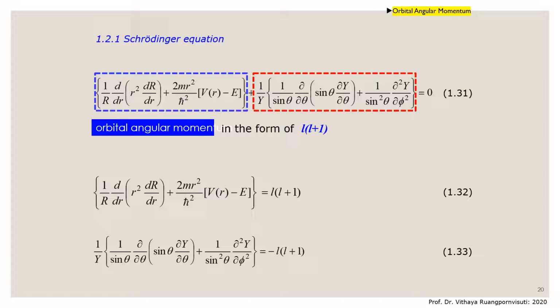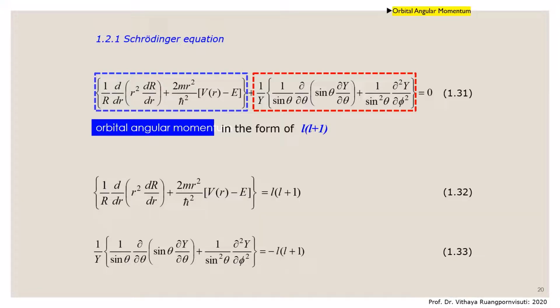Again, from equation 1.31, the left-hand side is a radial part plus the angular part surrounded with the red dotted line.